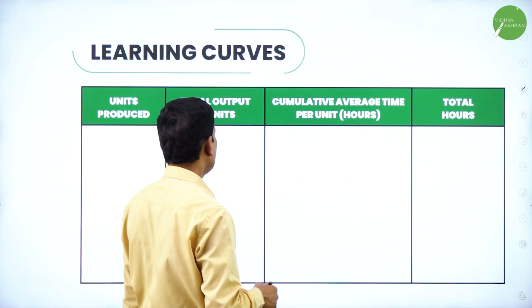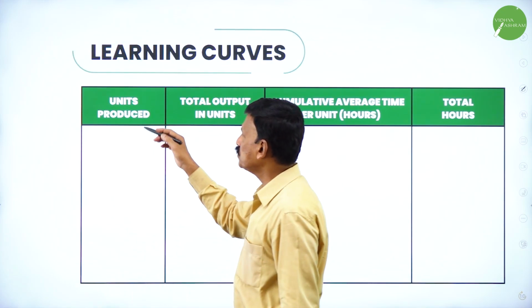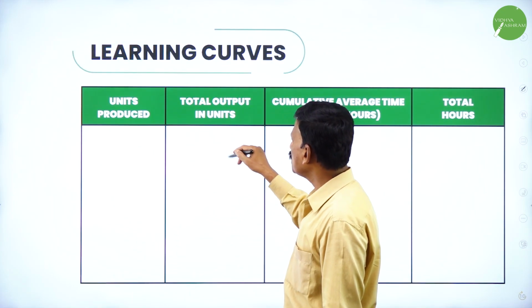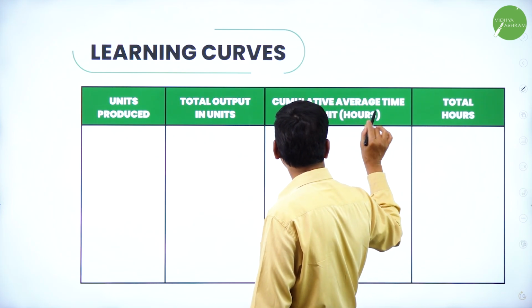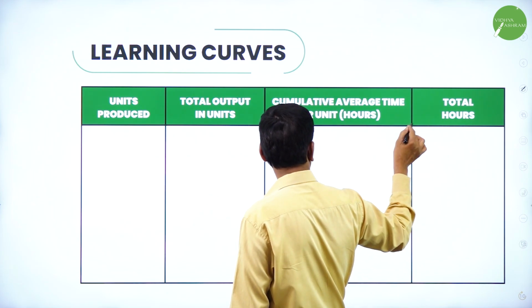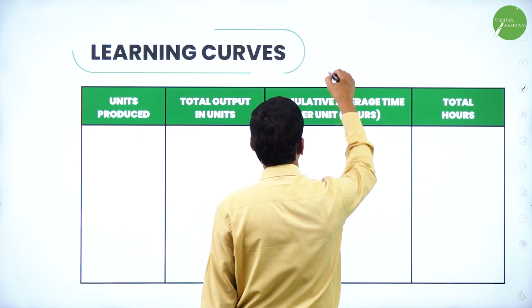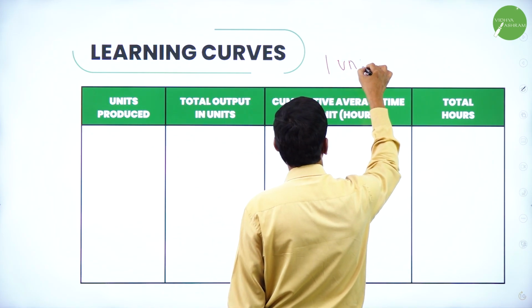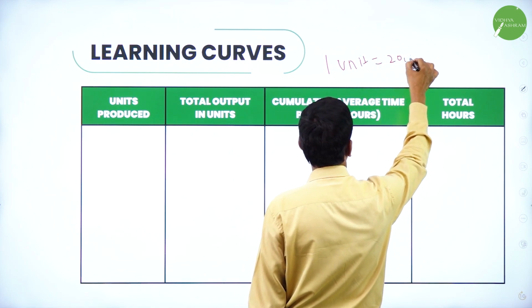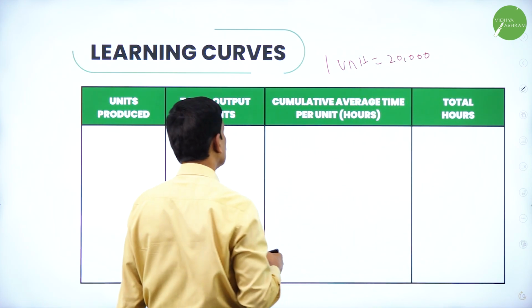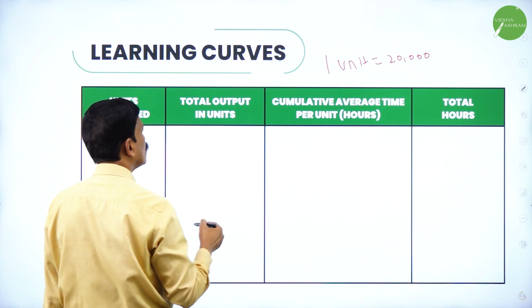Now, just as usual, write units produced, total output in units, cumulative average time per unit, that is hours, and the total hours. So what is given initially? 1 unit is equal to 20,000 hours. So how many units?